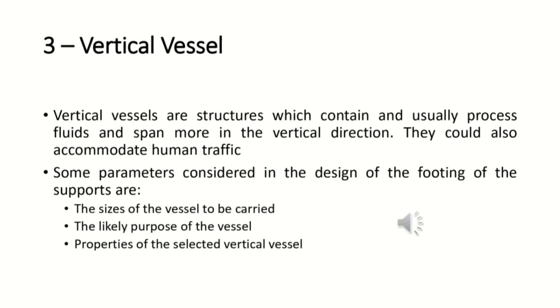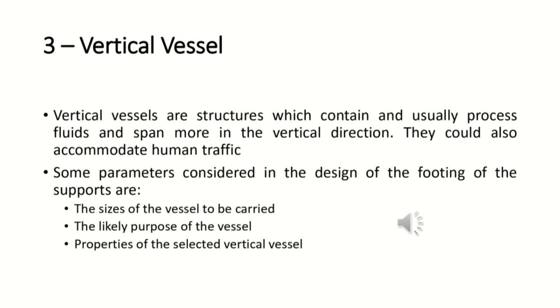The next feature to be designed is the vertical vessel. Vertical vessels are structures which contain and usually process fluids and span more in the vertical direction. They could also accommodate traffic.